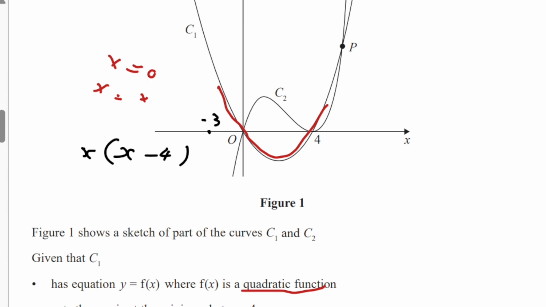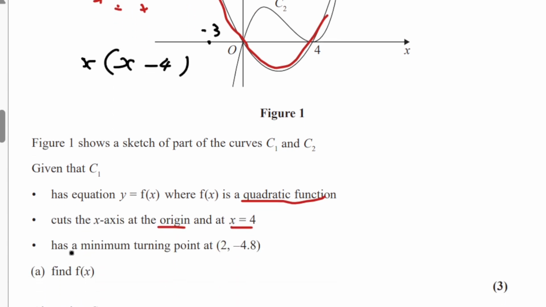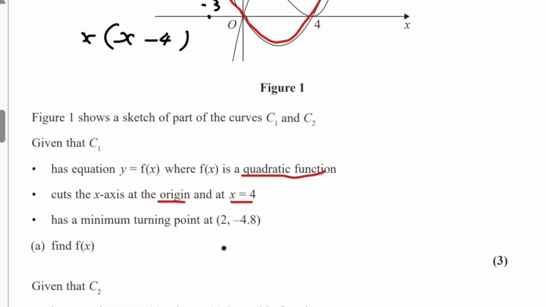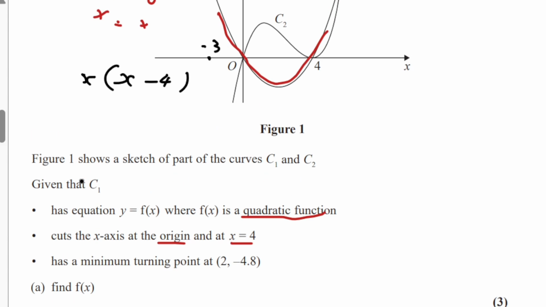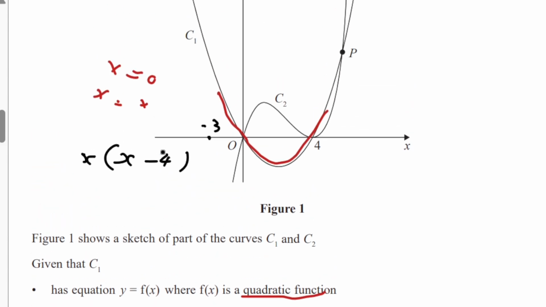That's very good. Now it has a minimum turning point at 2 and negative 4.8. Find f of x. We almost did most of this question. Knowing this part here is almost everything. Let's just rewrite it again.